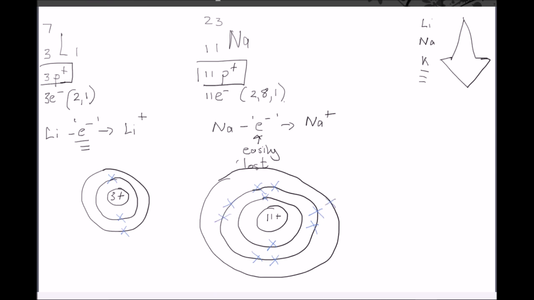So what we're really saying, as we've already spoken about up here, is that it is this electron we're losing in the sodium, and it is this electron that we're losing in the lithium.